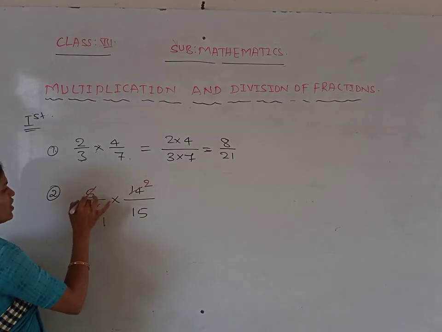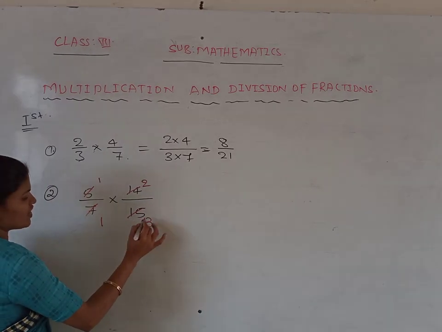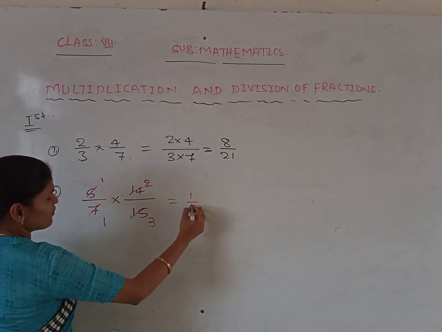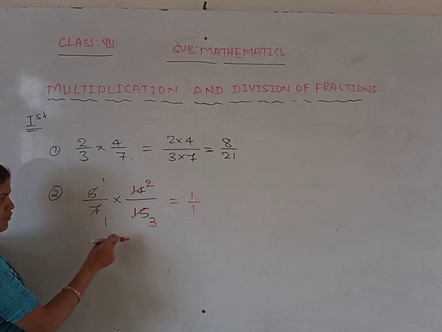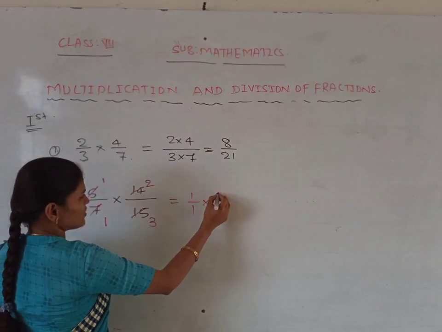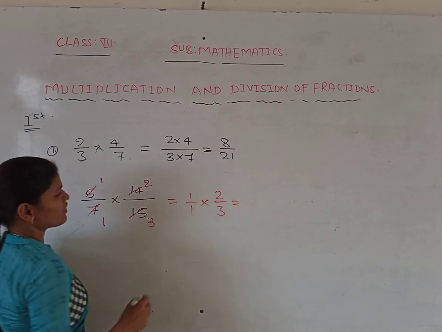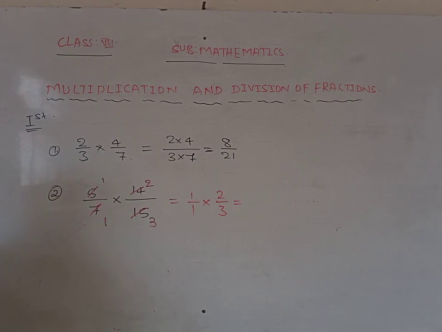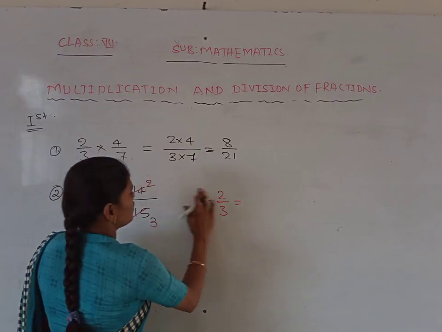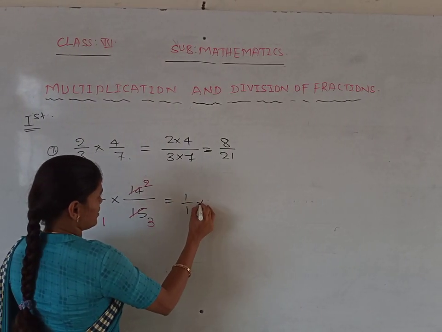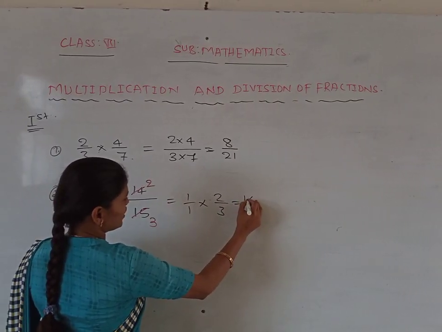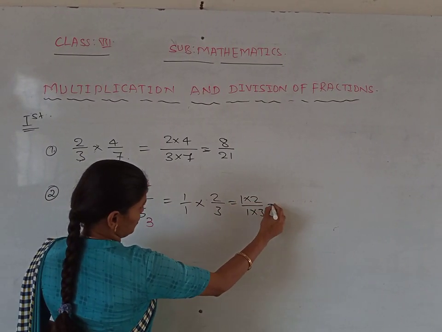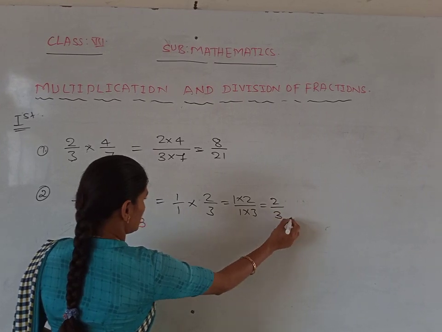Then 5 ones are 5, 5 threes are 15, we can cancel. Now the fractions remaining are 1 by 1 and 2 by 3. Now the answer is 1 into 2 divided by 1 into 3. 2 by 3 is your answer.